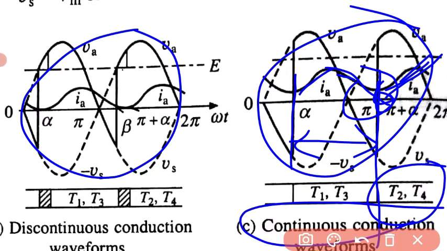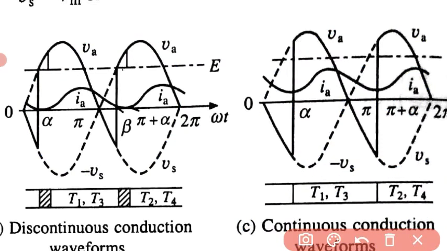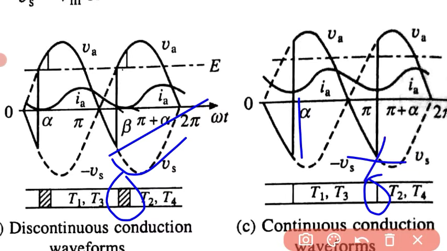It means it does not go to zero. See, there is no such period here. Here it is there, here it is not there. This is the difference between the continuous mode of operation and the discontinuous conduction mode of operation.